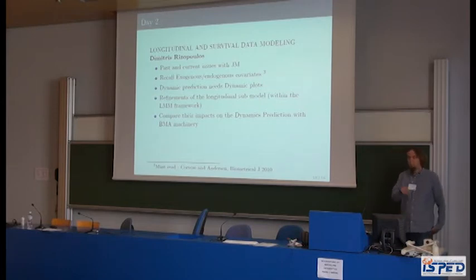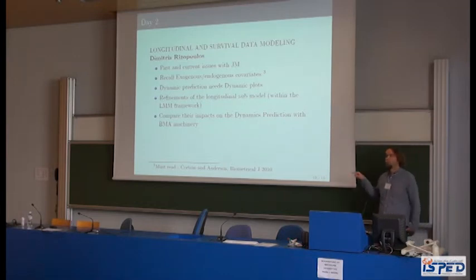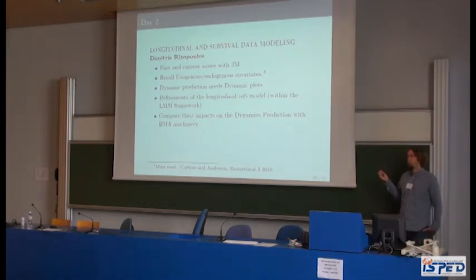I'm not sure we saw this reference, but there's a very nice paper of Cortese and Andersen in the Biometrical Journal about time-dependent covariates and competing risks. And I've realized that we saw dynamic prediction and very nice dynamic graphs, which are very pedagogic.